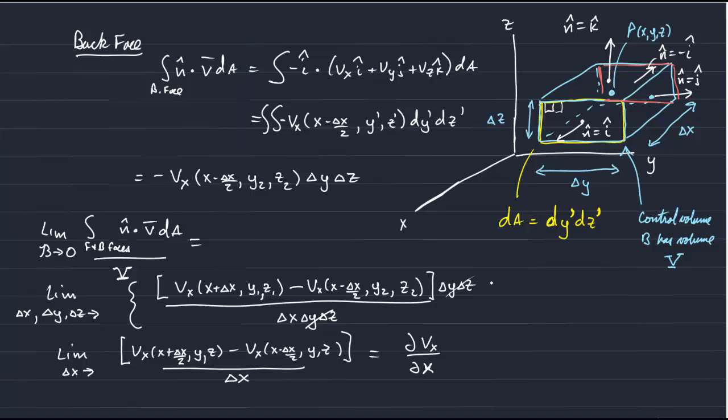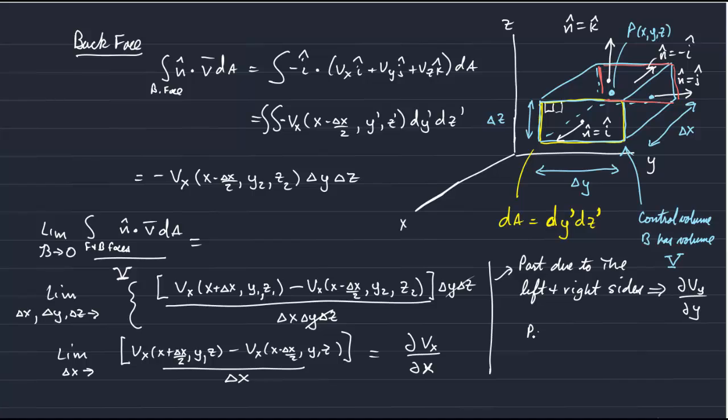So carrying out the same reasoning to compute the part of the surface integral due to the left and right sides, that's this back left side and this right side, that gives the partial of Vy with respect to y, and then the part of the surface integral due to the top and bottom faces gives the partial of Vz with respect to z.